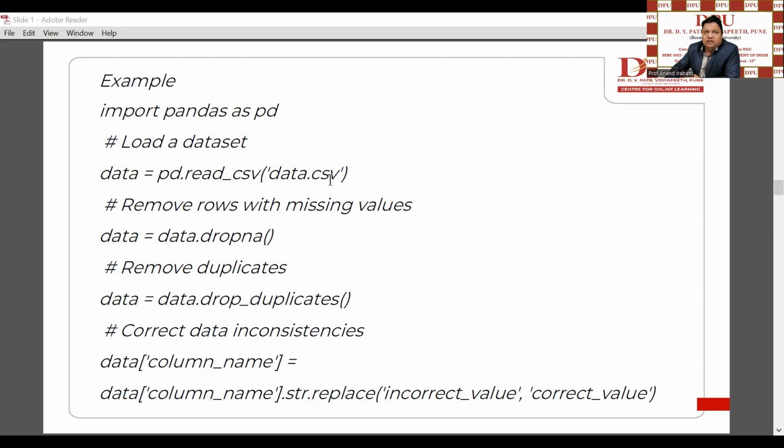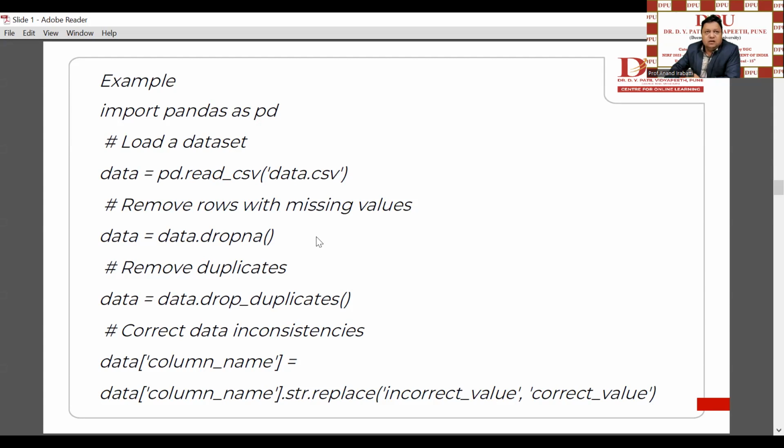So here I'm reading the file with the help of the pandas.read_csv function, and this read_csv function accepts one parameter, that is nothing but the name of the CSV file that you want to read into your Python code.